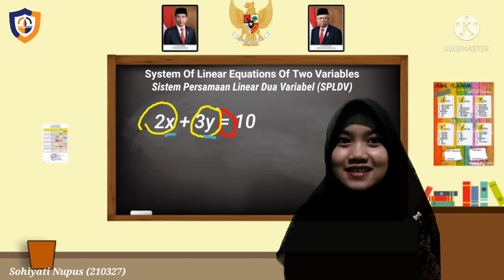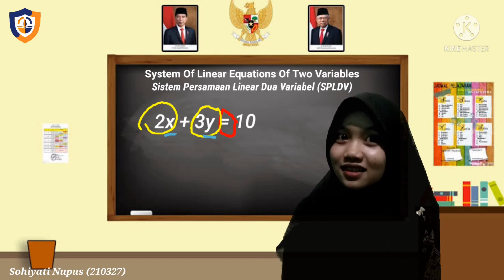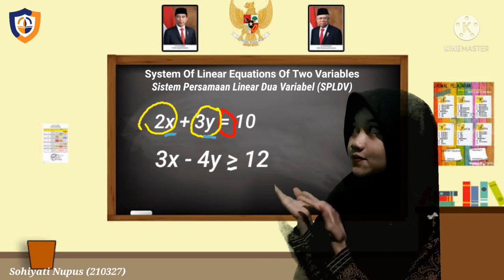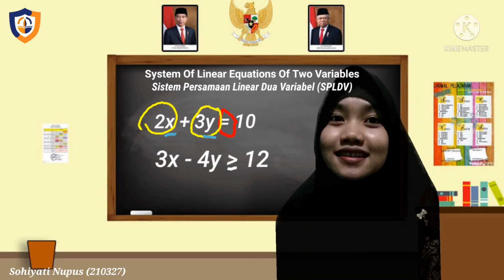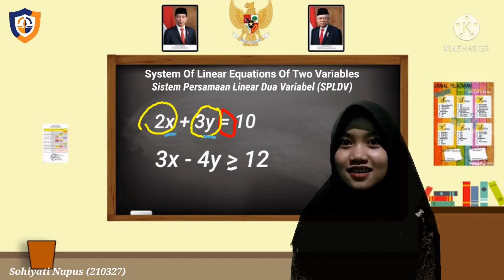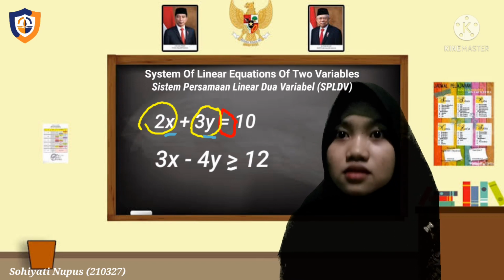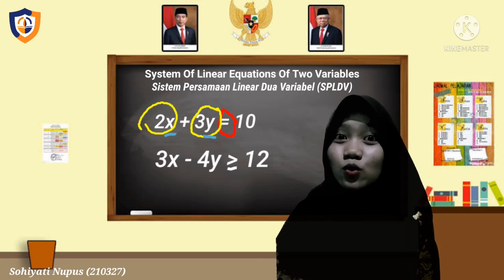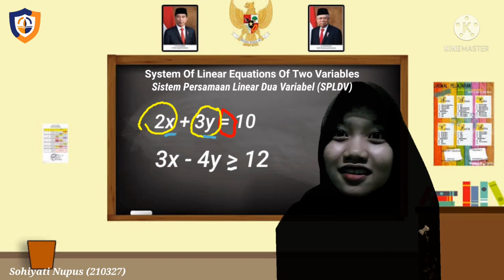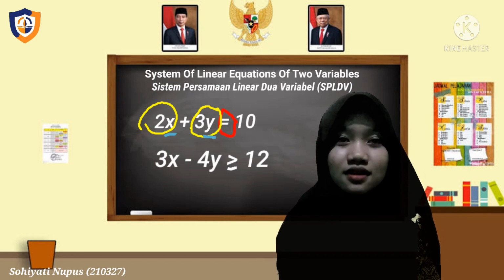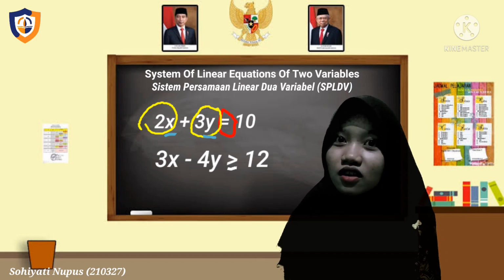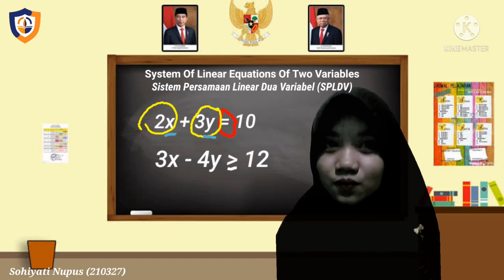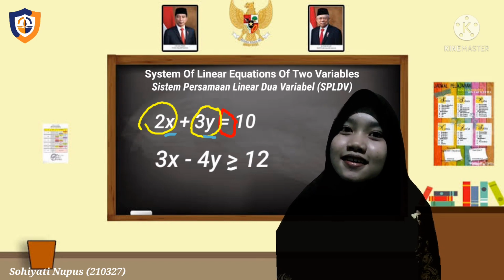So, Miss has another example of an equation: 3x minus 4y greater than or equal to 12. Miss wants to ask first whether this is a linear equation of two variables or not. It is not, because after 3x minus 4y there is no equals sign.